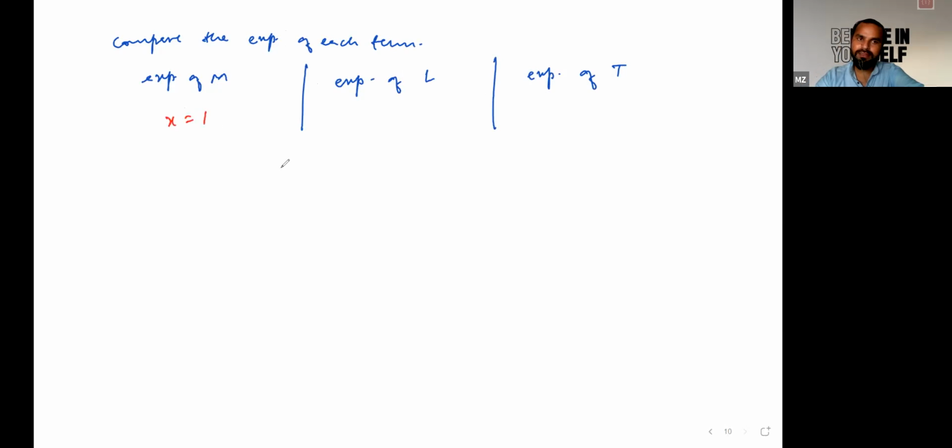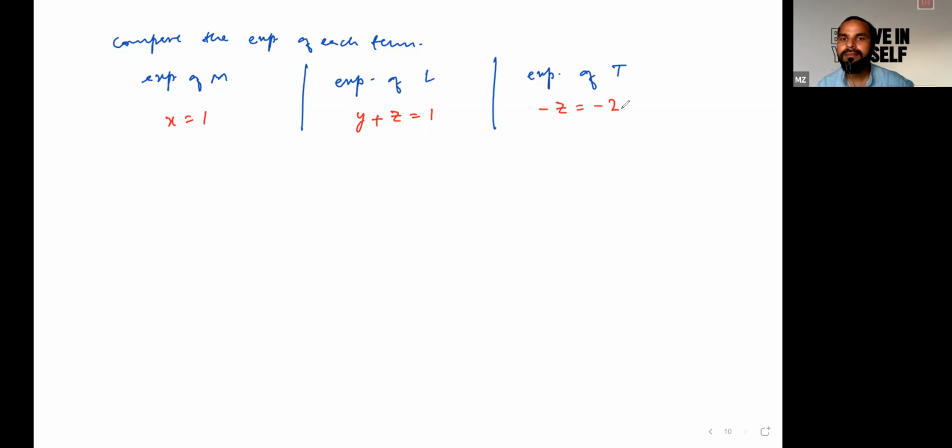So x is equal to 1. Similarly, for the exponent of L, on the left-hand side it was 1, and on the right-hand side it was y plus z. So y plus z is 1. And for the exponent of T, on the left-hand side -2, and on the right-hand side -y.